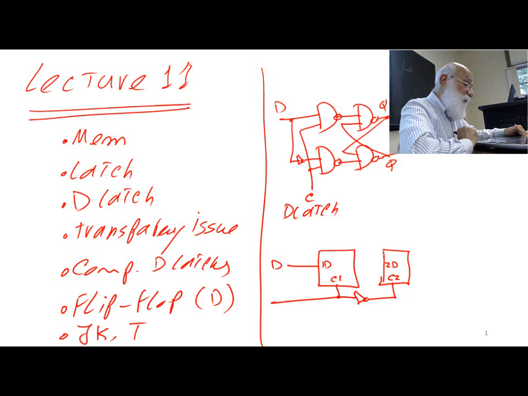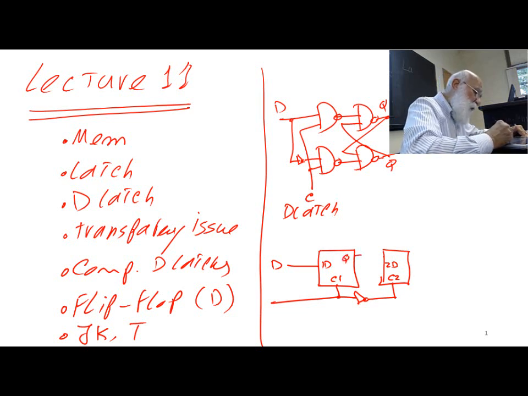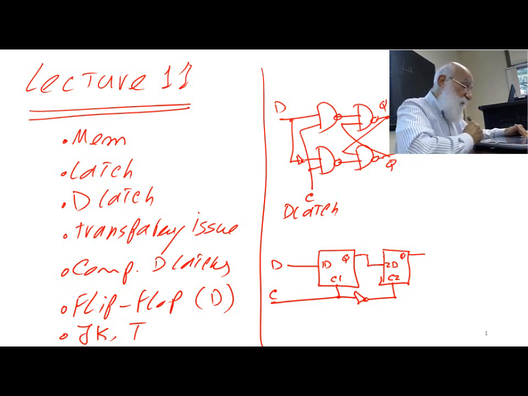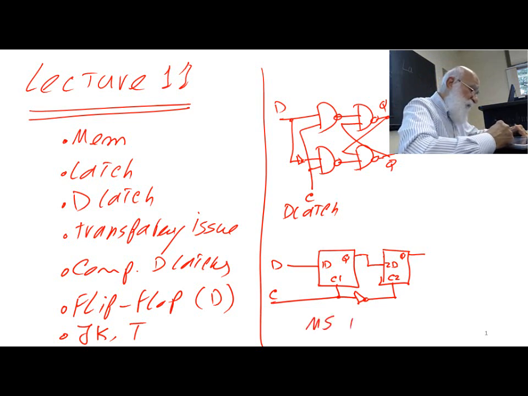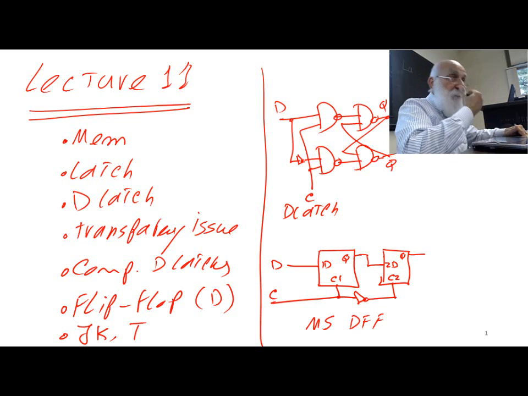This is complementary, and the output from one, which is the Q output, goes into the D input of the other one. And this is actually my flip-flop. Two complementary D latches, and we call this one master slave D flip-flop.